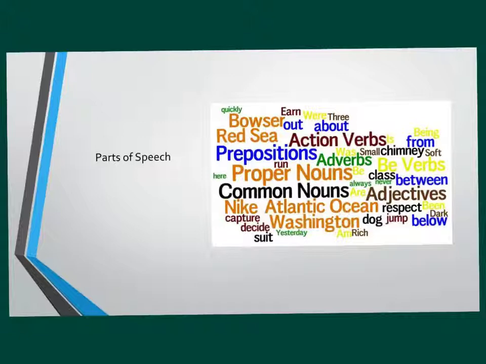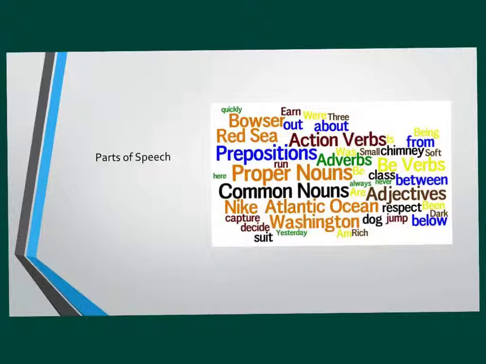Okay, now there's some differentiation in this parts of speech word cloud. As you look at it, what is this word cloud trying to do? Take a moment or two and decide what makes this word cloud different. Obviously, I see words like proper nouns and action verbs, but I notice different colors.